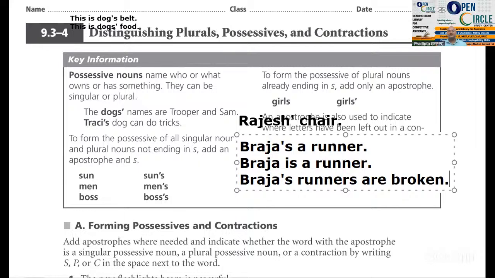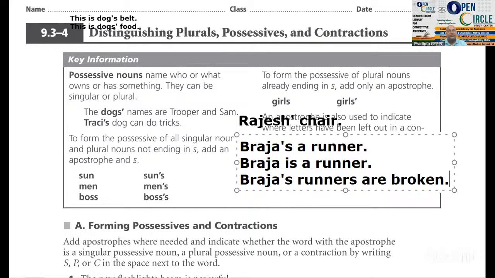No, runners are the running shoes. So the second runners refers to the running shoes. They are broken.